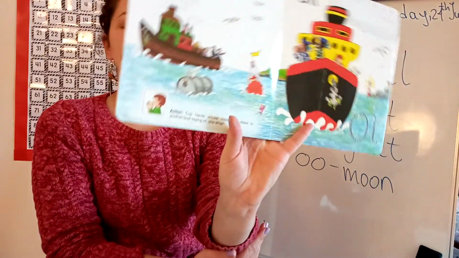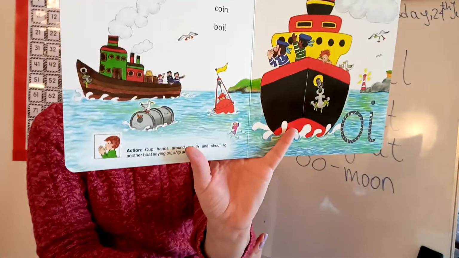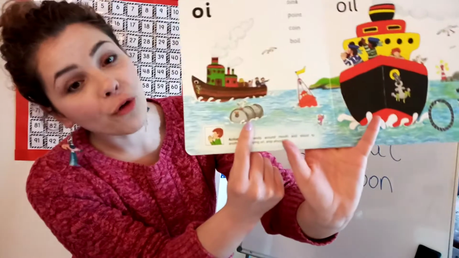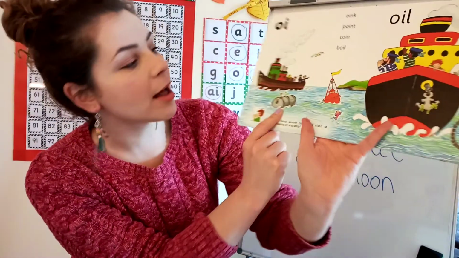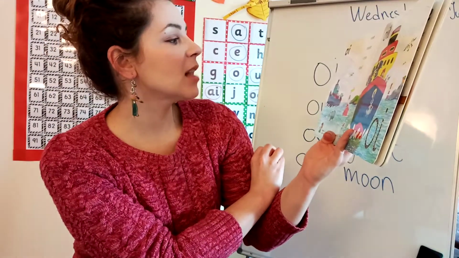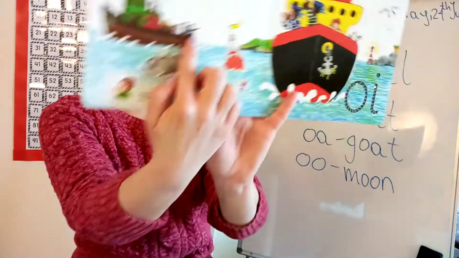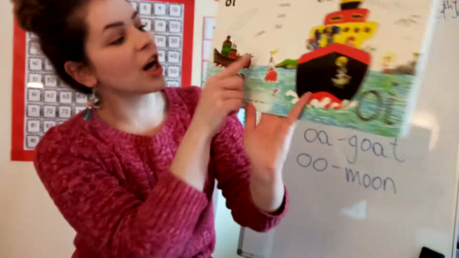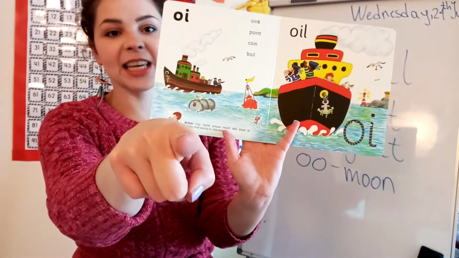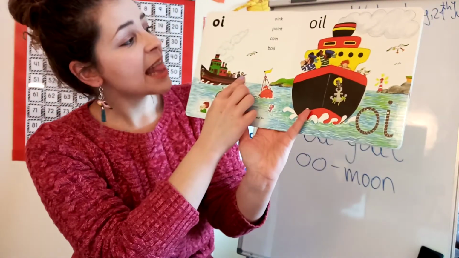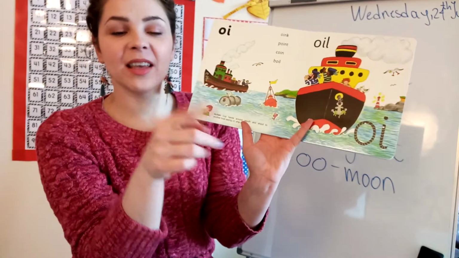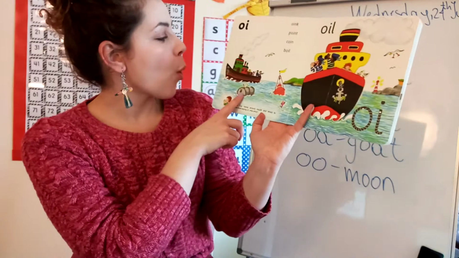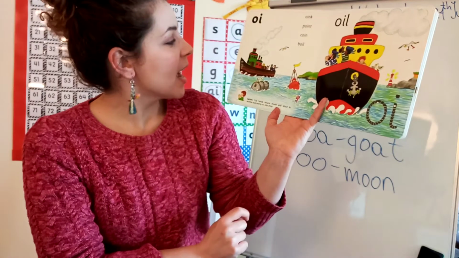They might be in some kind of trouble and helping each other out. This man has his index finger, that's this finger, pointing out. So yes, that is the word point. Point, yeah? So we have oil, point.